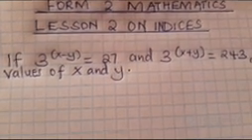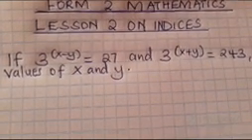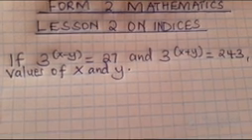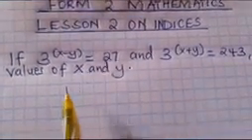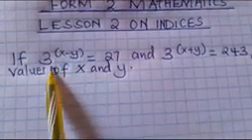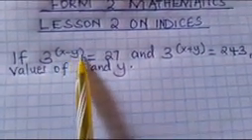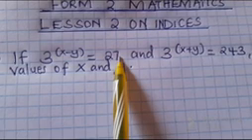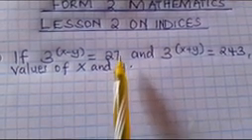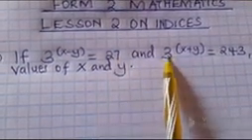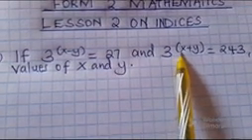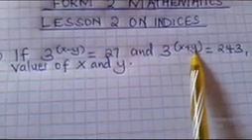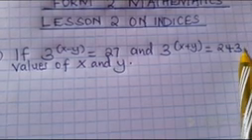it has two parts. The first part says if 3 power x minus y is equal to 27. This is the first part of the question. The second part is this one, 3 power x plus y is equal to 243.